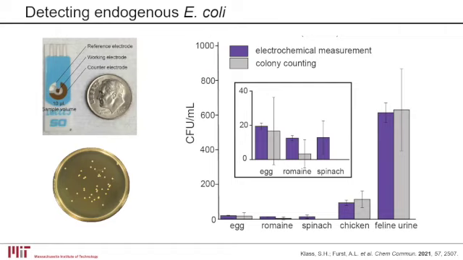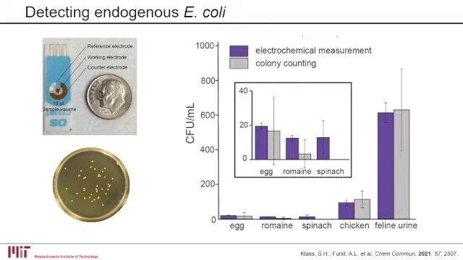So shown in purple here is our electrochemical measurement, and shown in gray is colony counting, which is just literally physically counting the number of cell colonies on a plate. As you can see, we were able to get eggs, romaine lettuce, and spinach, as well as chicken from a local farmer's market in Northern California.